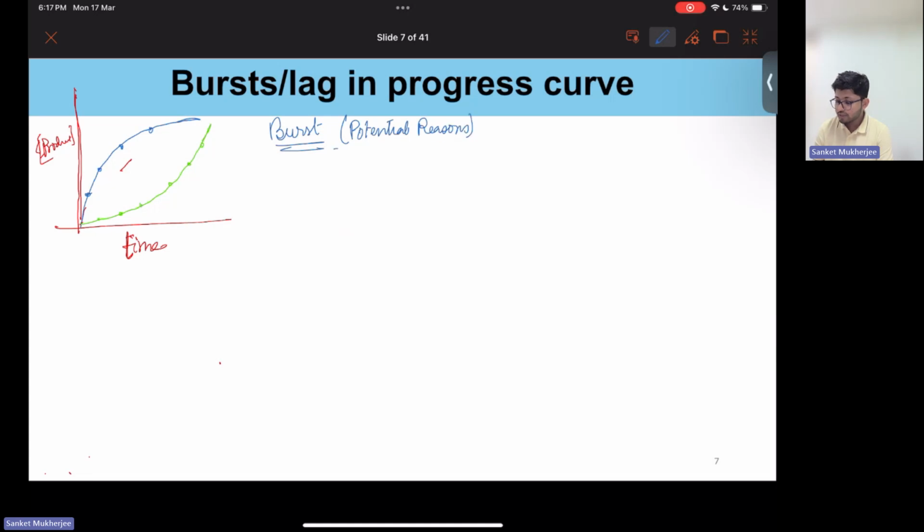The potential reasons could be inadequate temperature control. There could be settling of particles. There could be a slow detector response.